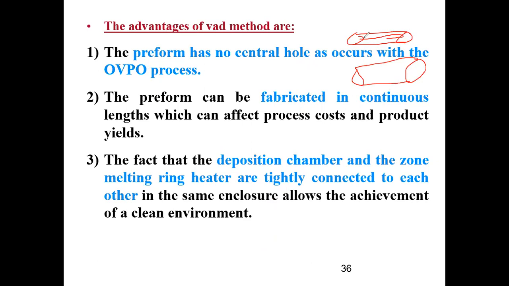Okay, यहाँ पे एक hole है. यहाँ पे it is a continuous structure with the VAD technique. This was outside vapor phase deposition technique. Can you tell me where the yield will be more? Yield मतलब ये जो rod है उसको melt करने से हमें fiber मिल रहा है. So that yield of the fiber will be more in this case or more in this case.